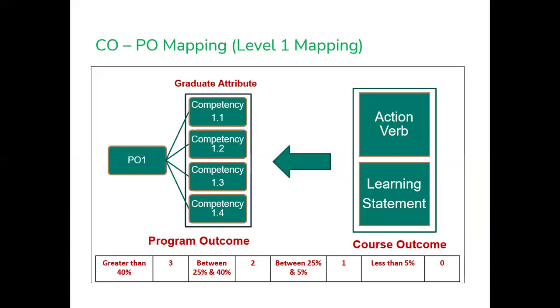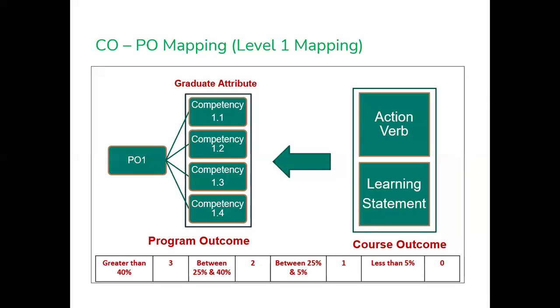All these things are the competencies related to the graduate attribute called communication skills. For every PO, you can identify the competencies. Or if you go to the exam reforms document of AICTE, all the competencies are listed there. You can refer to that one.